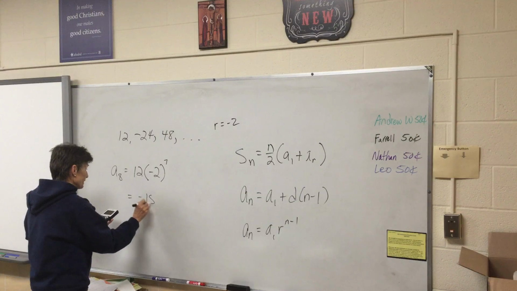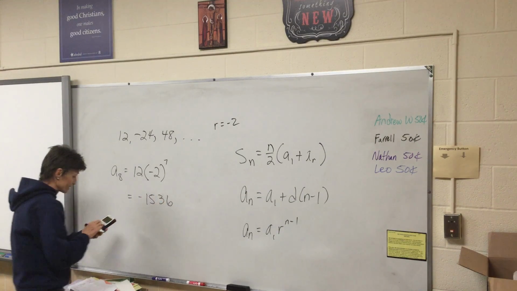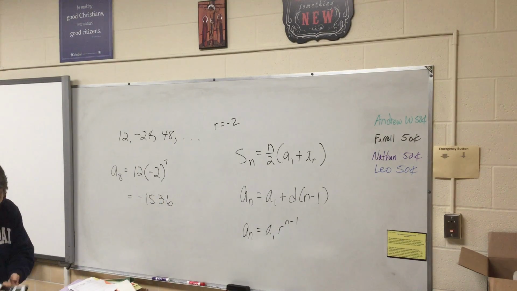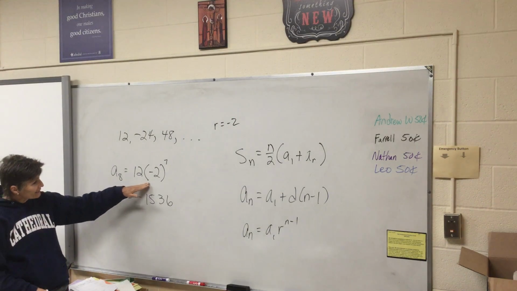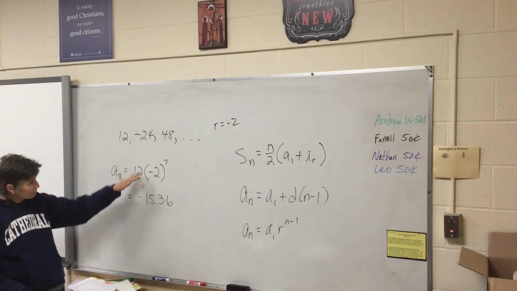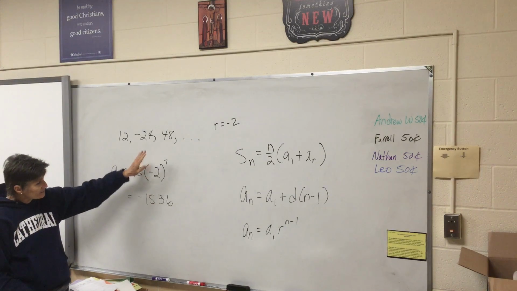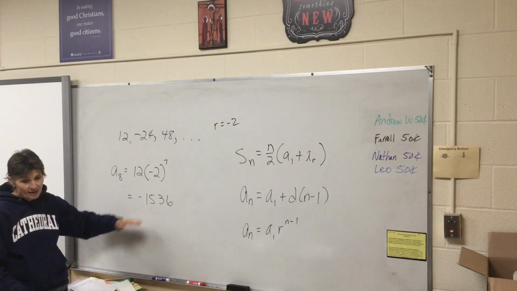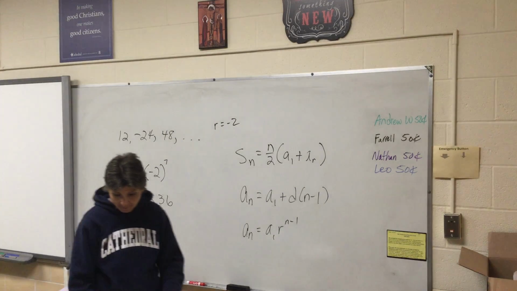You should get negative 1536. And if you're not, make sure you're typing in exactly what I wrote, including the parentheses. So 12 parentheses, negative 2 parentheses to the 7th power, and that should be what you come up with.